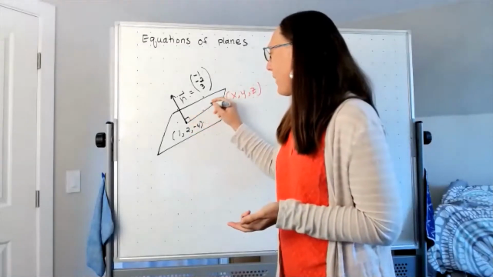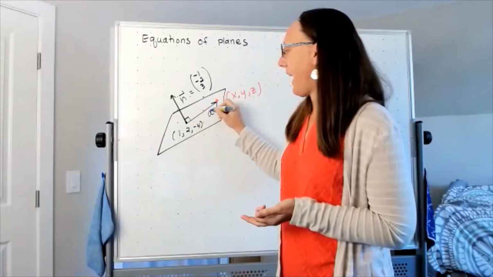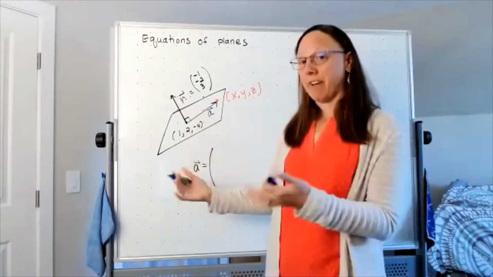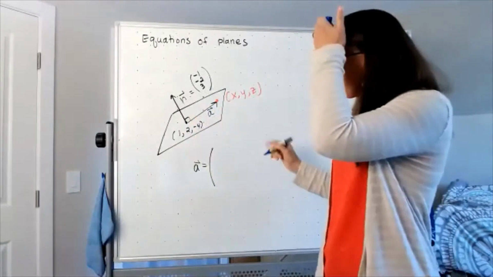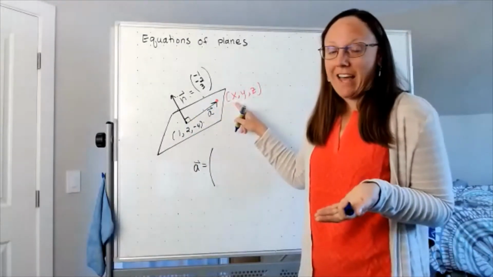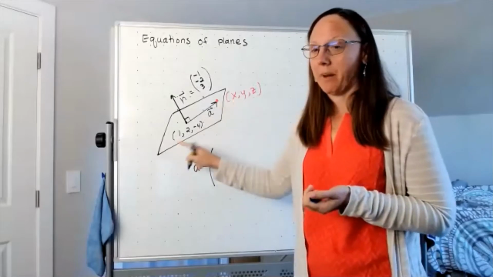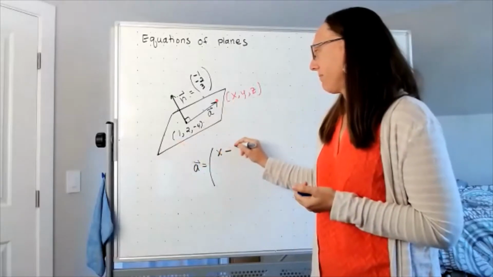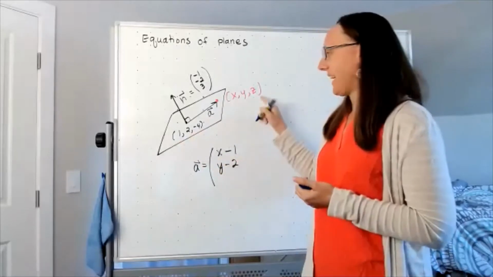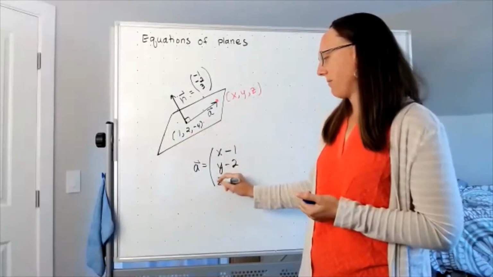So this vector right here, if I called that A, and I think about that A vector as a final minus initial, then my final x value here, we're actually just going to call x. So I'd have x minus 1, y minus 2, and z minus -4.